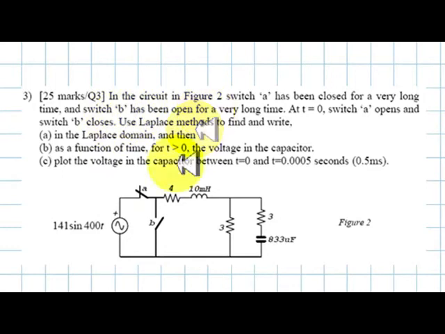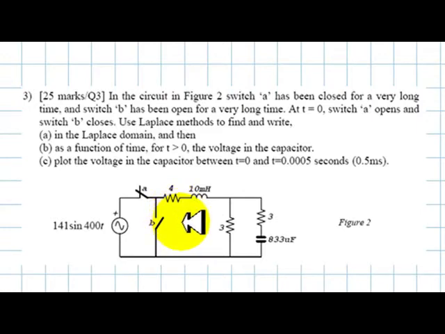In the circuit in figure 2, the switch A has been closed for a very long time and the switch B has been open for a very long time. That means that A is in steady state. The source is AC, the circuit is in AC steady state.